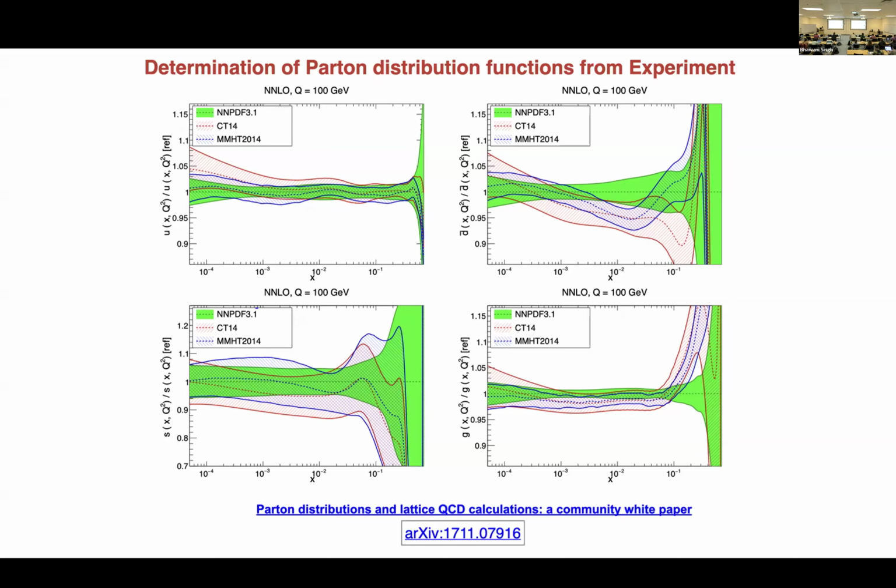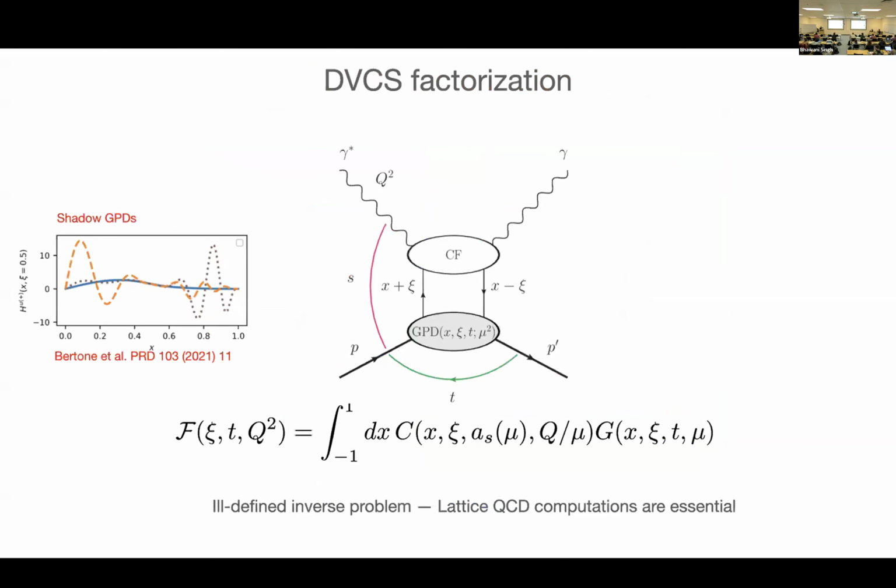And at small x, you have more of a universal agreement. At high x, you have pretty, I don't know, significant disagreements between various collaborations. Here, for example, you can see that these experimental extractions are not always on top of each other, and there are areas where one can improve.